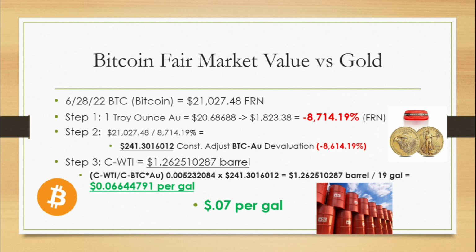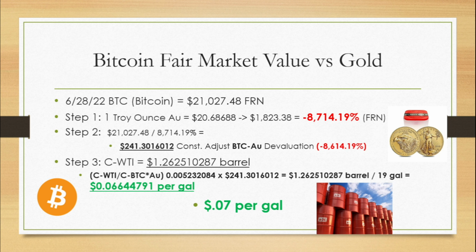All right, so this is the process that we did here. We took the current Bitcoin price, $21,027, and we adjusted that in terms of the gold devaluation. That 8,714% number: if we're measuring fair market value of Bitcoin against gold, we're going to take 8,714% away from the current inflated Federal Reserve note price.